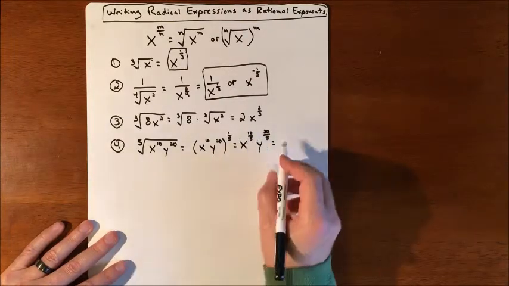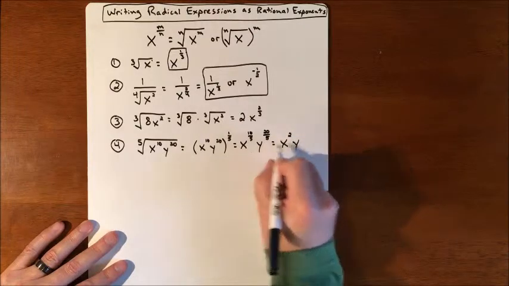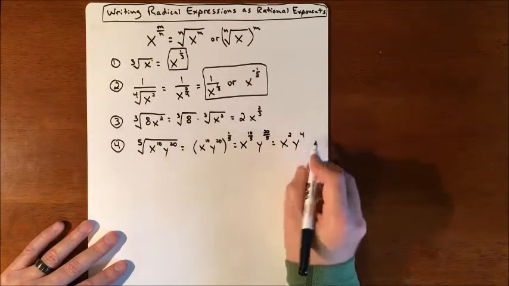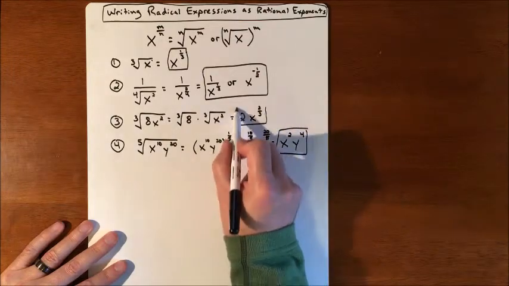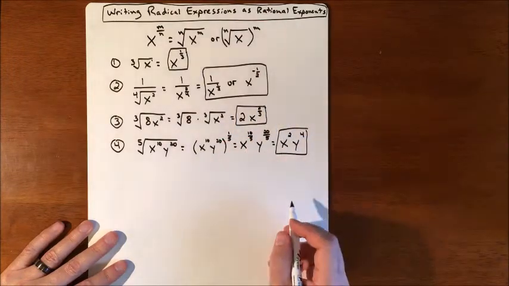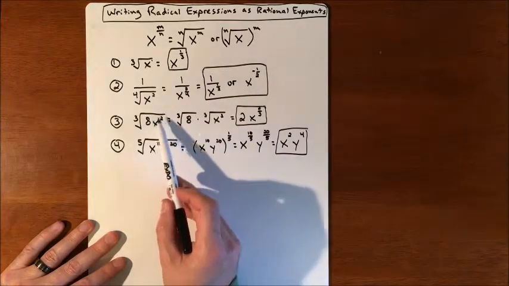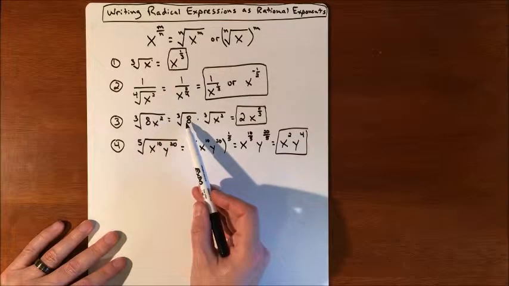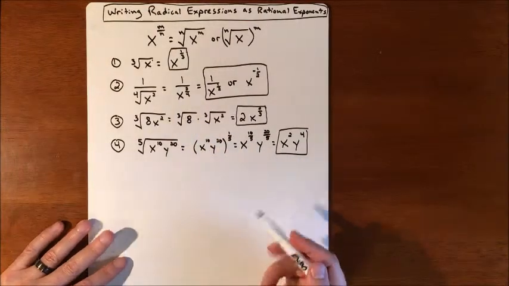So 10/5 becomes x squared and y to the 4th. So you have different ways of doing different problems, and it's good to get used to trying different methods and see what works. You could have done that at the very beginning on the previous one too, but sometimes it's a little easier with numbers to leave them as radicals, and then you can manipulate them a little bit easier.